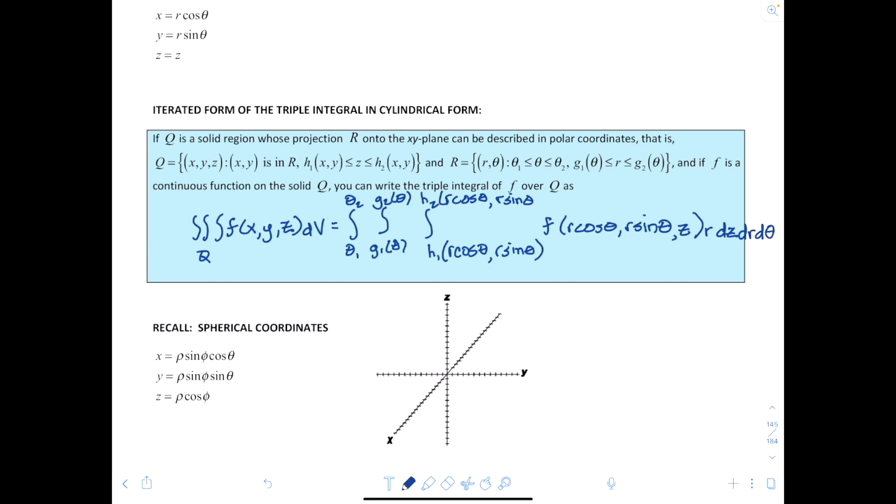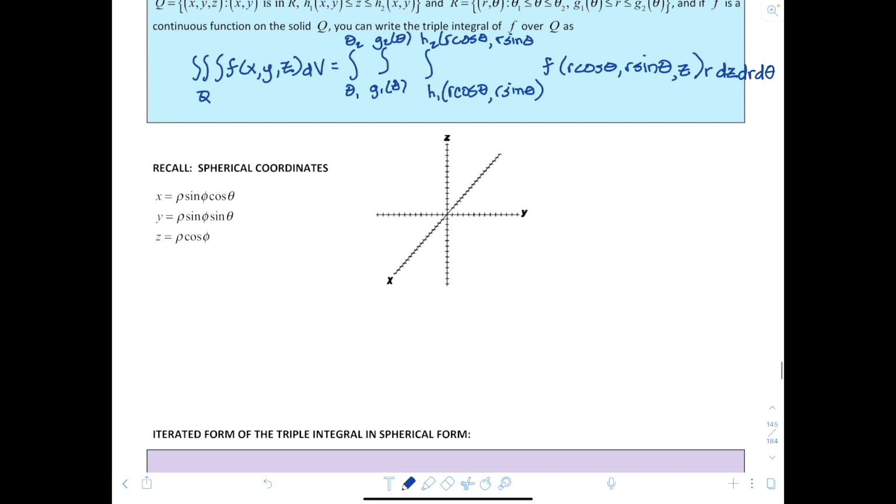Cool? All right, so spherical coordinates, if you recall, you've got your angle phi, and it's coming down from z.